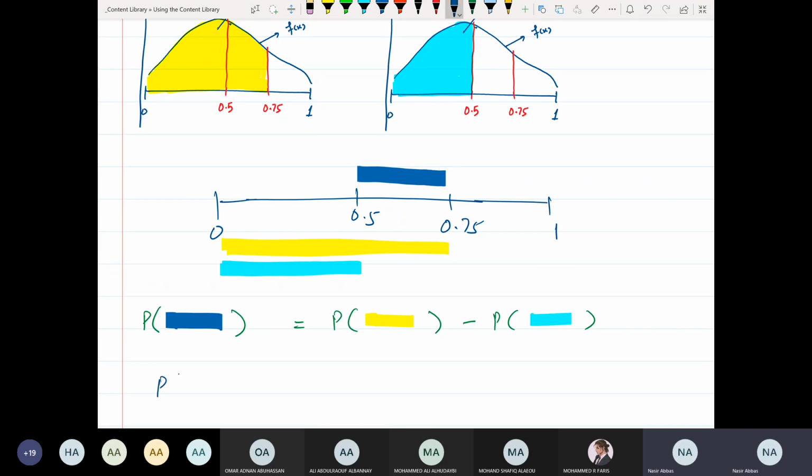Or I can say the probability of x between 0.5 and 0.75 is equal to the probability of x less than 0.75 minus the probability of x less than 0.5.